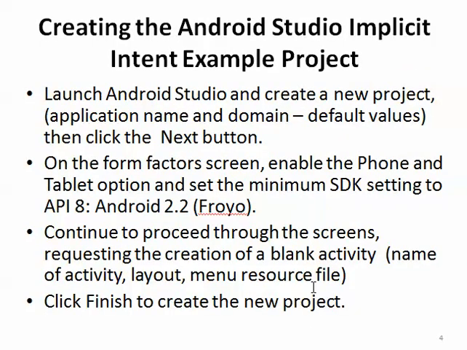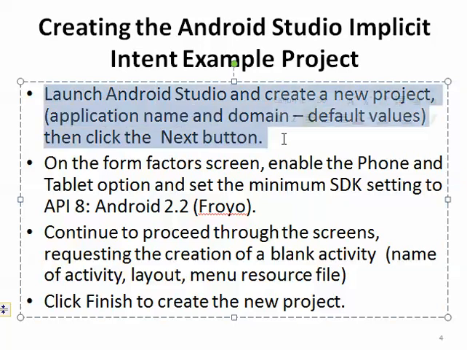Now, here are the steps that you need to follow to create that Android Studio implicit intent. In the previous lecture, we were practicing using Android Studio, and we created an app that just said hello Android or hello world, something like that.